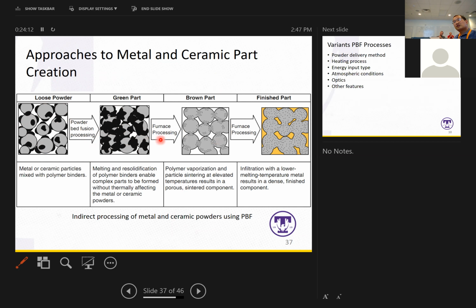And then the brown part will be something like this, but after further sintering or melting, you will have the finished part with much higher density compared to the loosened part.